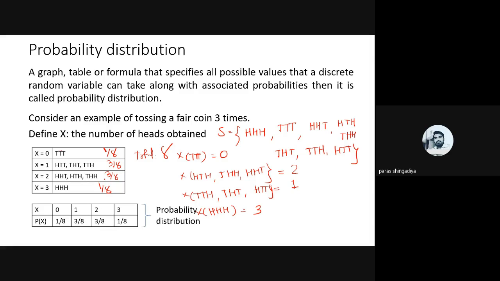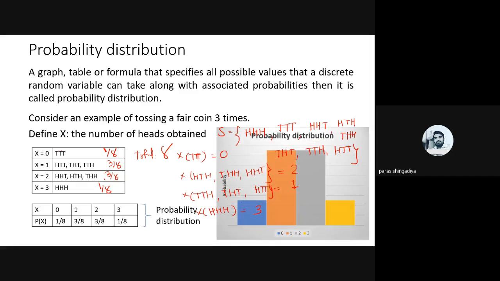Clear? And you can also consider a graph of the probability distribution. So there is a graph view of the probability data. That is x equal to 0. So what is the output for x equal to 0? The probability is 1 by 8. That is x equal to 0, one outcome only. This bar is x equal to 1, 3 outcomes. This bar is x equal to 2, there are also 3 outcomes.